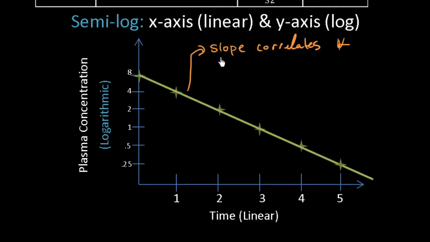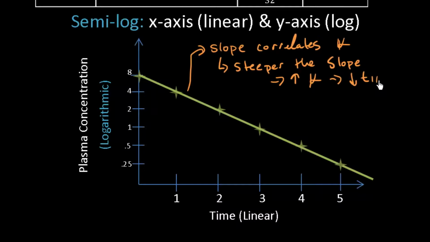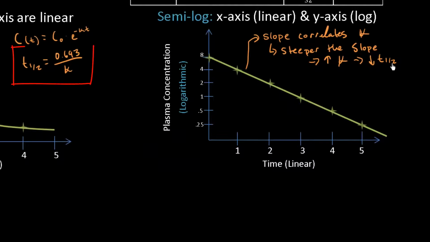And so the point here is that the steeper the slope, this increases the first order elimination rate constant k, and as a result, I'm eliminating faster and I decrease the half-life. Remember, there is an inverse relationship between the two.